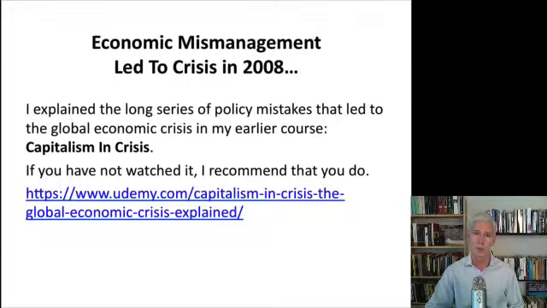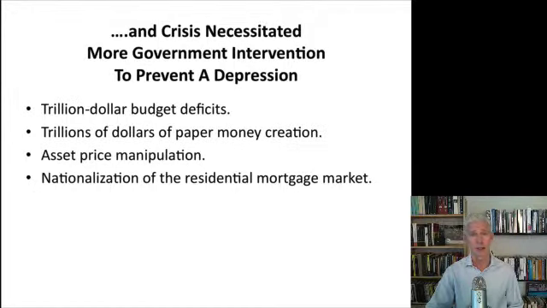So the economic mismanagement by the government over a period of decades led to the economic crisis of 2008. And that crisis necessitated even more government intervention to prevent a Great Depression. And that government intervention has taken the form of trillion-dollar budget deficits, trillions of dollars of paper money creation, asset price manipulation, and nationalization of the mortgage market.